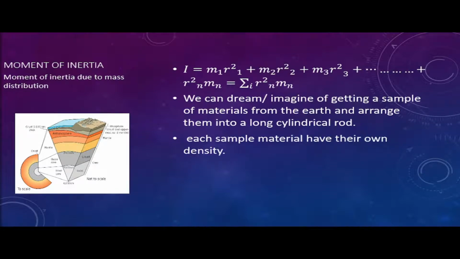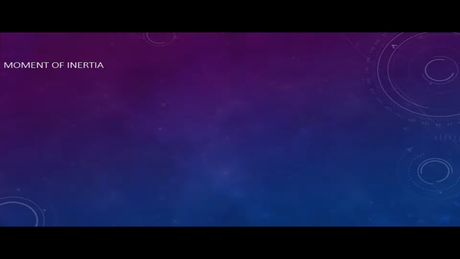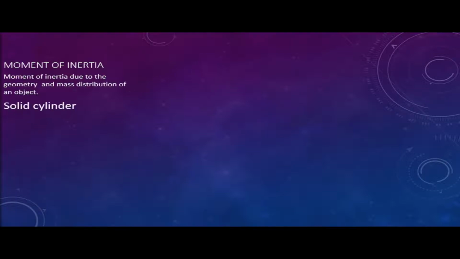And we remind ourselves that each sample material has its own density. So moment of inertia is a combined factor of the object's geometry and mass distribution, just like a solid cylinder.